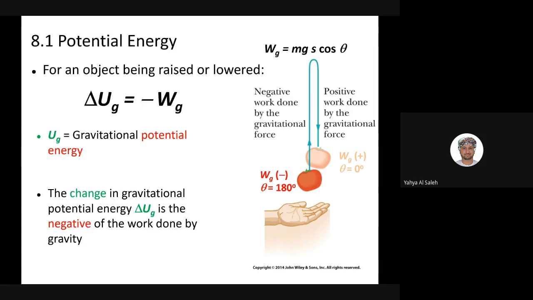On the other hand, when it reaches the very top and starts coming back down again, it increases its velocity, and there's also work being done on it. So we have here gravitational potential energy, U_G, and the change in it can be positive or negative.